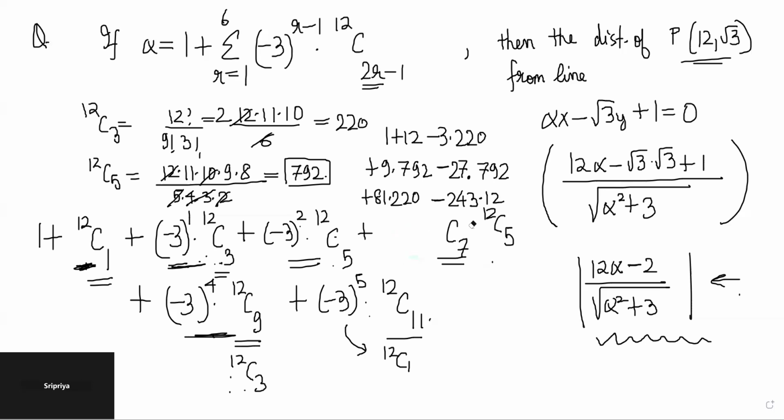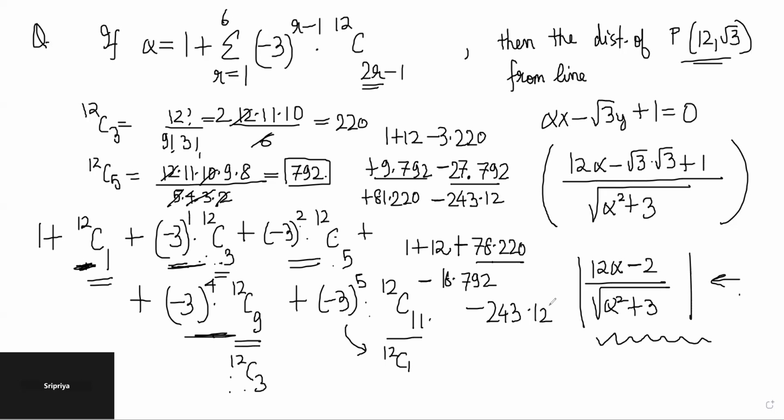So I will simplify. I will say that 220 is coming two times, and I have 1 plus 12 minus 78 into 220 minus 18 into 792, right? No, plus 78 into 220 minus 18 into 792 and minus 243 into 12, right?